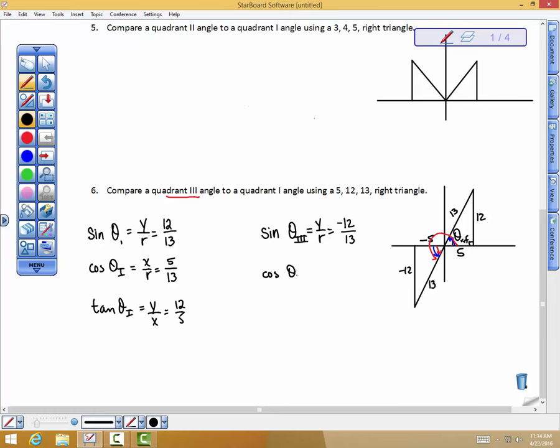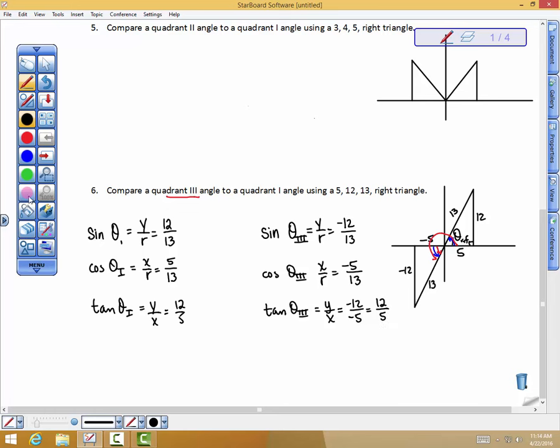Cosine is defined as x over r, and cosine is a -5 over that hypotenuse of 13, and tangent is defined again as y divided by x. And remember, because they're both negative, y is a -12 and x is a -5, that ratio is a positive 12/5, and we have already stated that we knew tangent was positive in the third quadrant. Sine and cosine were not.